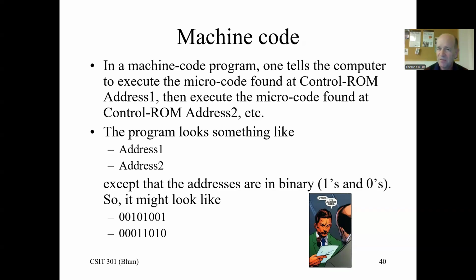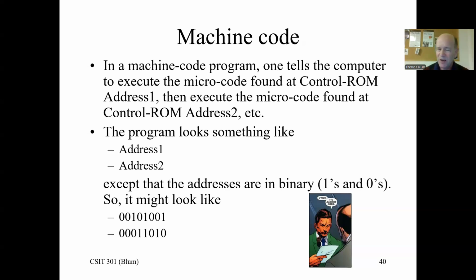The next line of machine code will say go to this address and do those things. The machine code is basically a sequence of addresses of microcode telling you go here and do that thing, go there and do that thing, with some data mixed in.